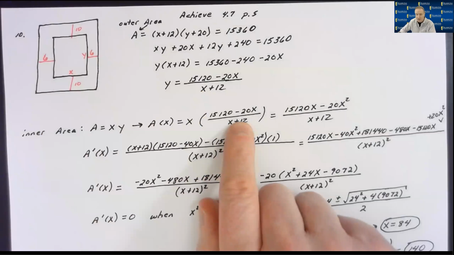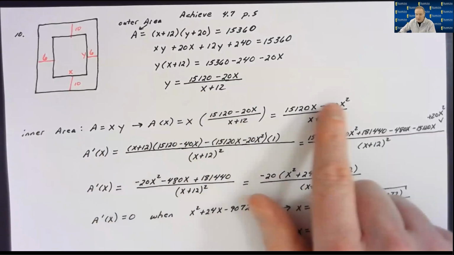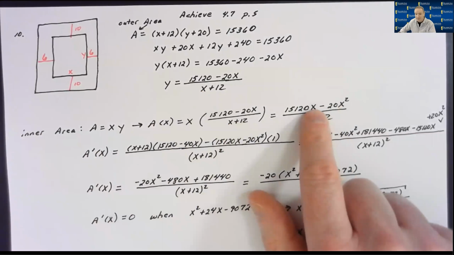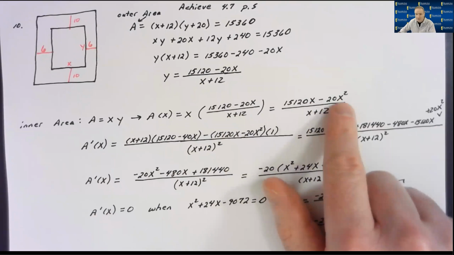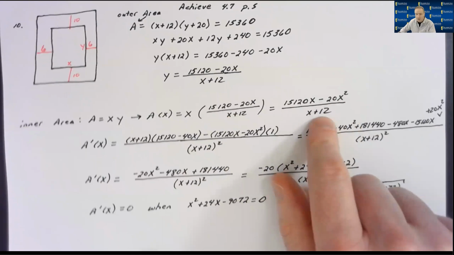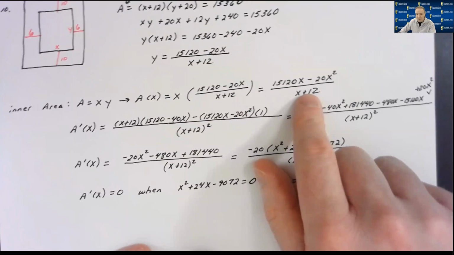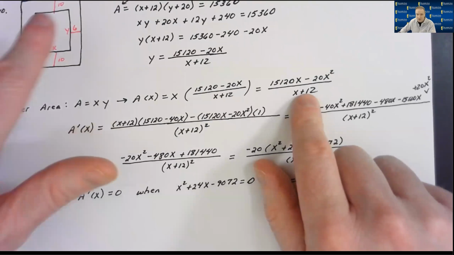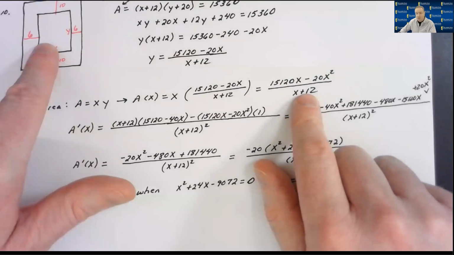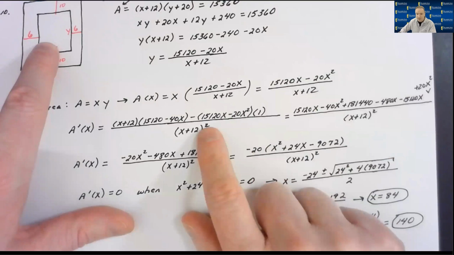So I substitute that expression in. At that point, I distribute x through the numerator and get 15,120x minus 20x squared all over that x plus 12. I know that this is going to be the expression for the area of the inner region that I need to maximize. So I need to take its derivative. When I take its derivative, of course, it's a quotient, so I square the denominator.